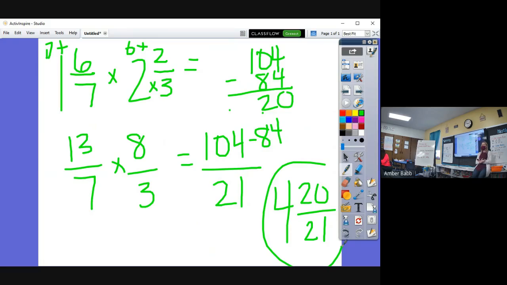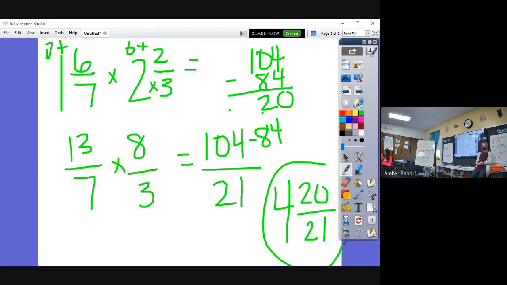So the hard part about these is the reducing and flipping the humongous improper fraction to a mixed number. 90% of the time, this is where you guys are going to make your mistakes. So on your papers today, I really need you guys to show your work. You have a whole blank side of the paper if you need to use that on the back.